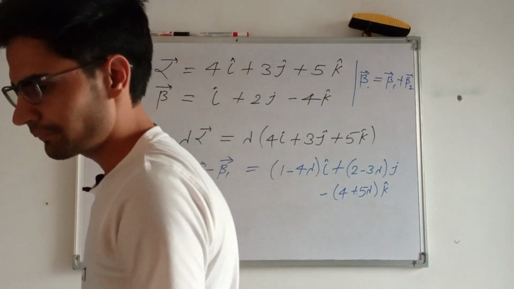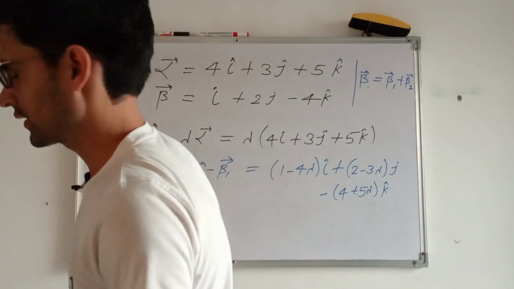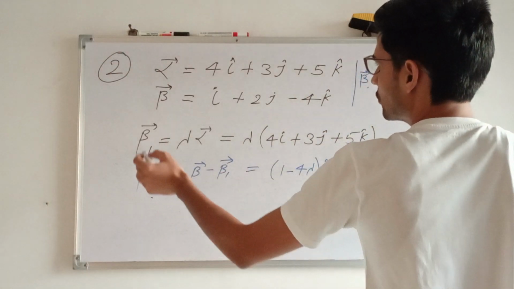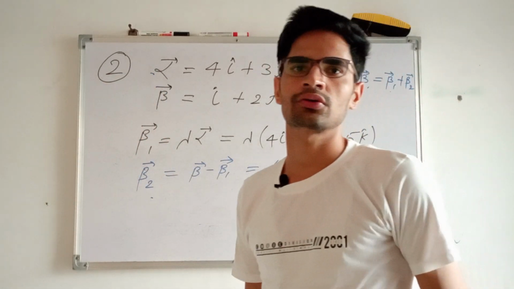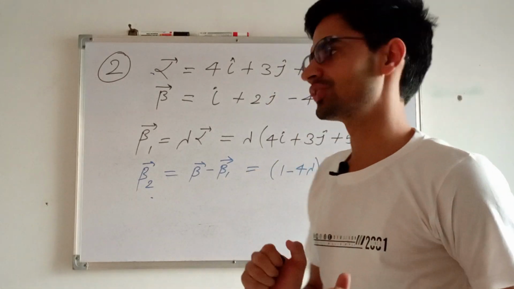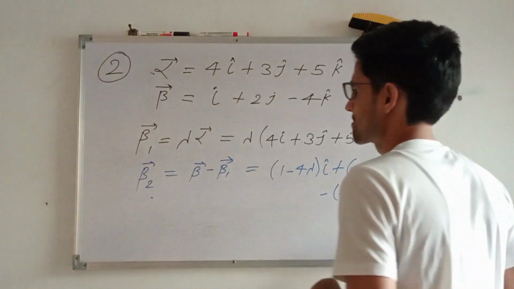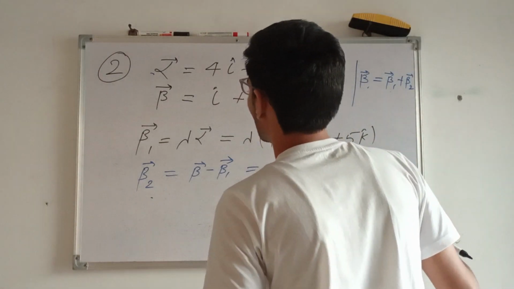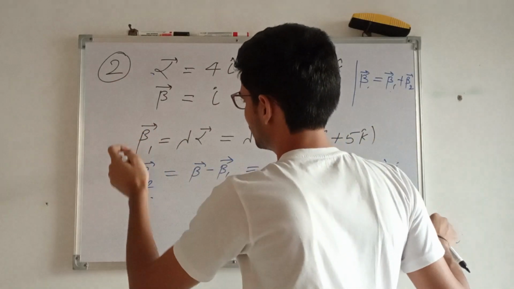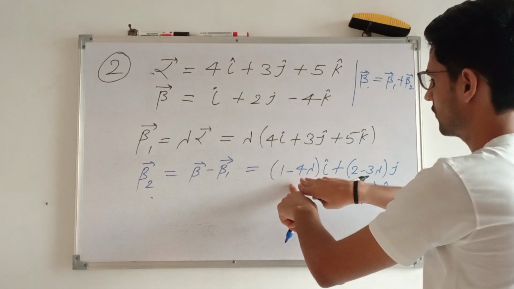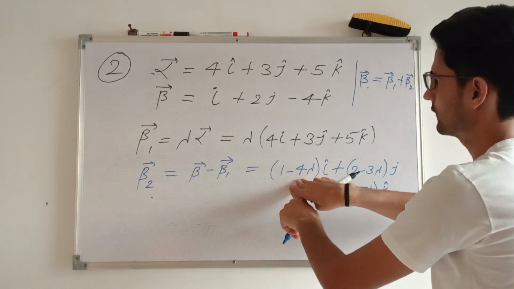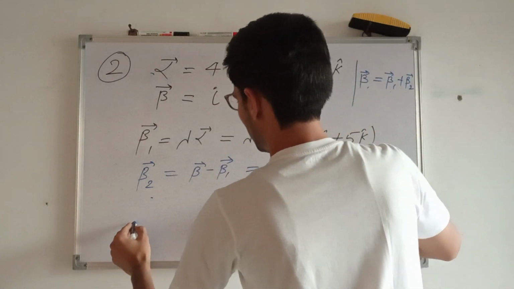Now it was given that beta 2 is perpendicular to vector alpha, and we know that the dot product of two perpendicular vectors is 0. So we will make the dot product of these two vectors 0. Now multiply the corresponding components. This is i component, this is i component.